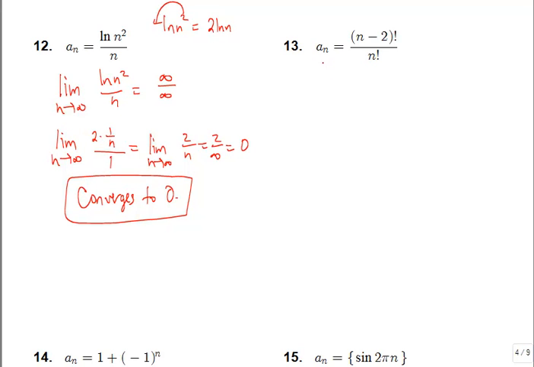For number 13 here, we've got a sub n equals n minus 2 factorial over n factorial. So we can go ahead and go to our calculator and make a table of values here. What I would possibly recommend as an option, if you want to use that factorial button, you can certainly do that, but we have done a few examples already where we see that some cancellation can go on here.